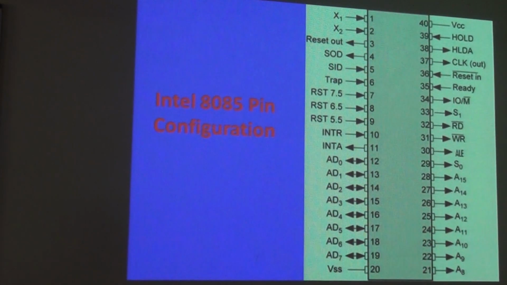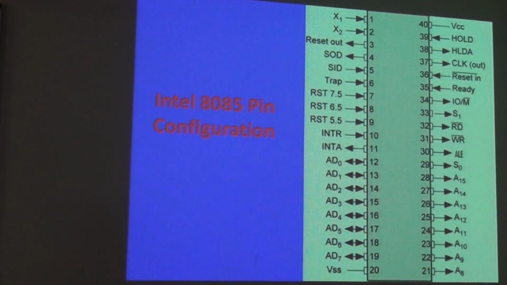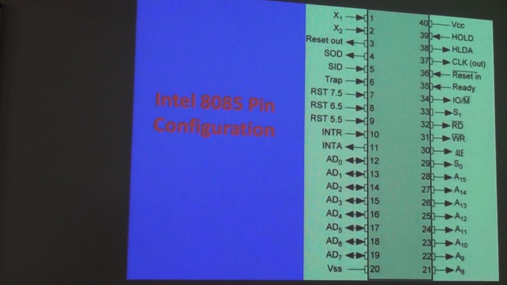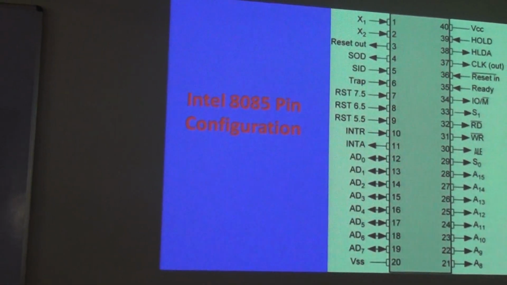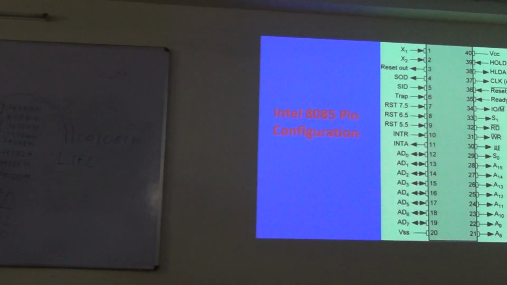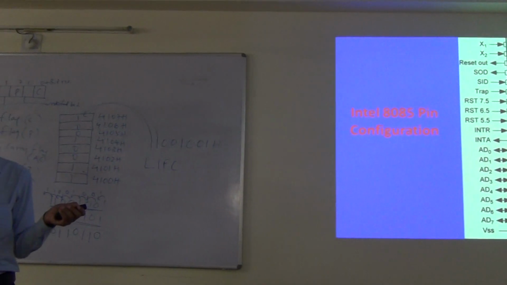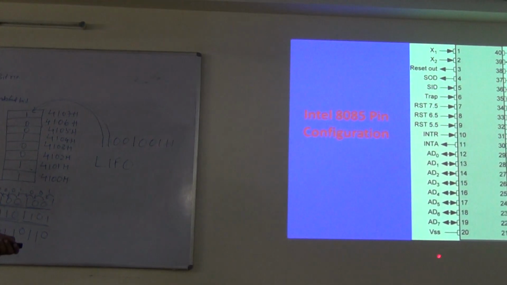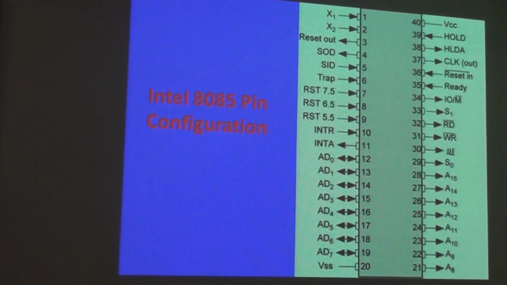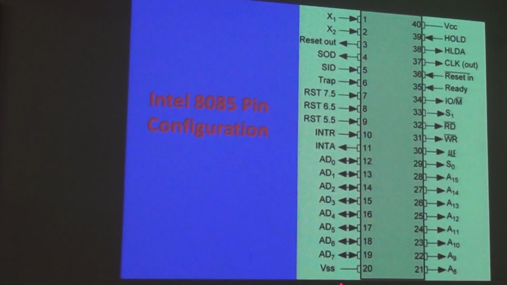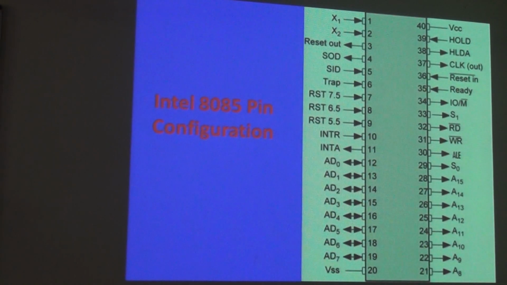Every IC in electronics requires a specific power supply. It might be plus 5 volt or plus 12 volt, but this IC requires plus 5 volt only. So we have to input that power supply through the VCC input pin. And another ground reference is required to complete the circuit, which is to be connected to VSS, pin number 20.